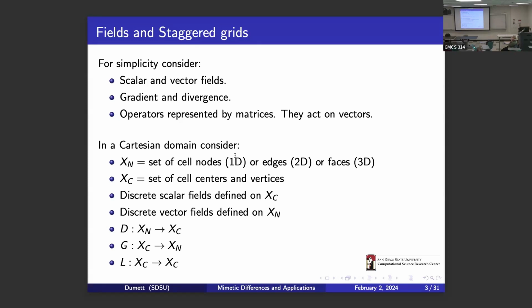And just for simplicity, let's assume scalar and vector fields. We know what a scalar field is: a function that has several arguments and returns a real value. And a vector field has several arguments and returns a vector.